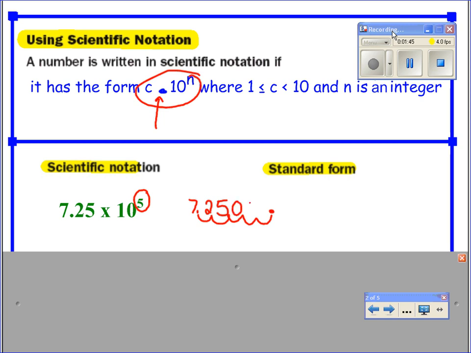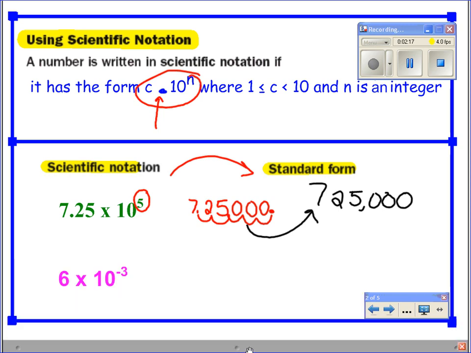Every time you move it over, you want to make sure that there's a placeholder or a 0 in its place if there's not already a number. So from scientific notation to standard form, the number is really 725,000. We're just rewriting this part right here where we move the decimal point over 5 places. So if the exponent is positive, you want to move your decimal point to the right that many places.